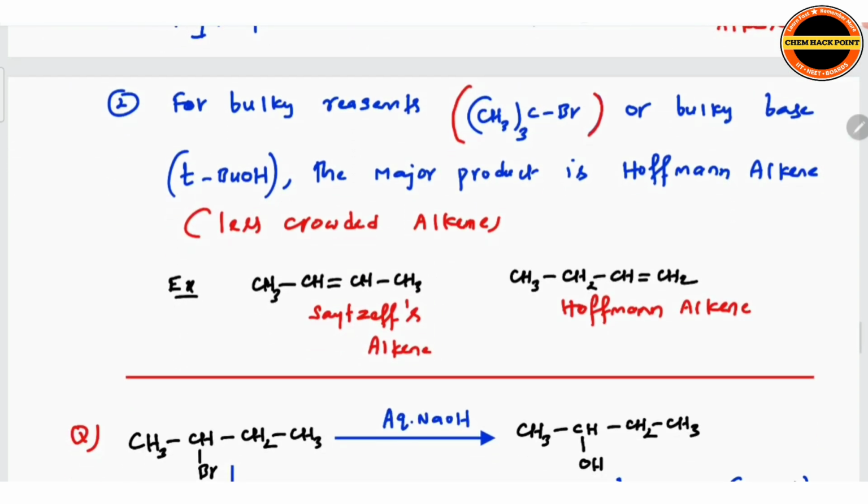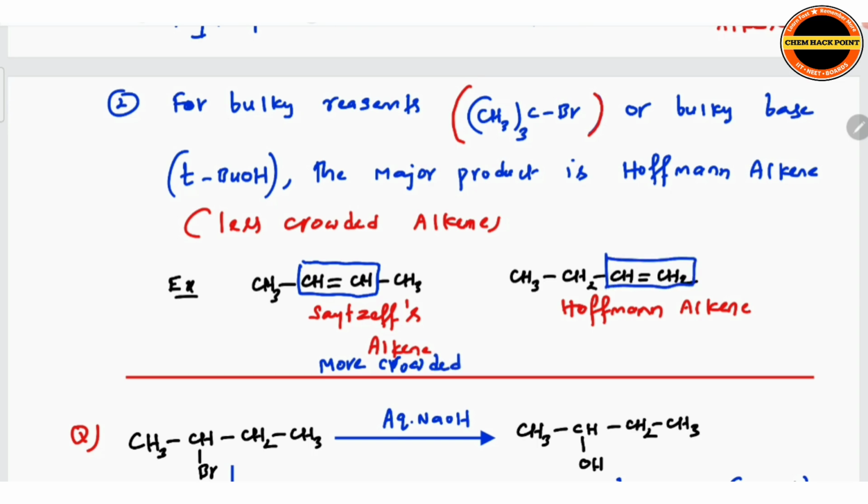See, what is more crowded, what is less crowded, how to find it? See here, the double bonded carbons with fewer hydrogens form the more crowded alkene, which is the Zaitsev alkene, or you can say the more substituted alkene.